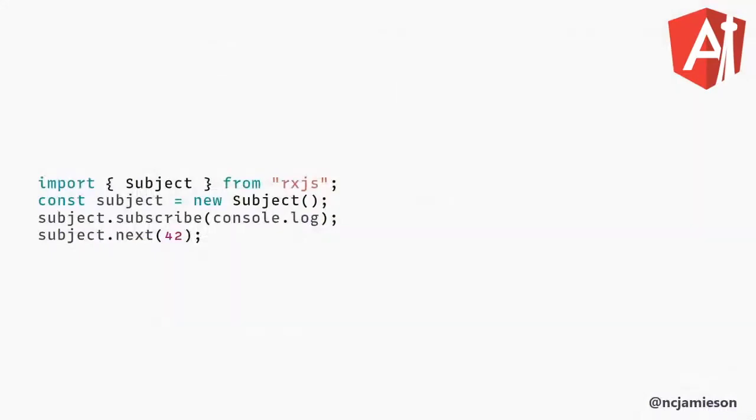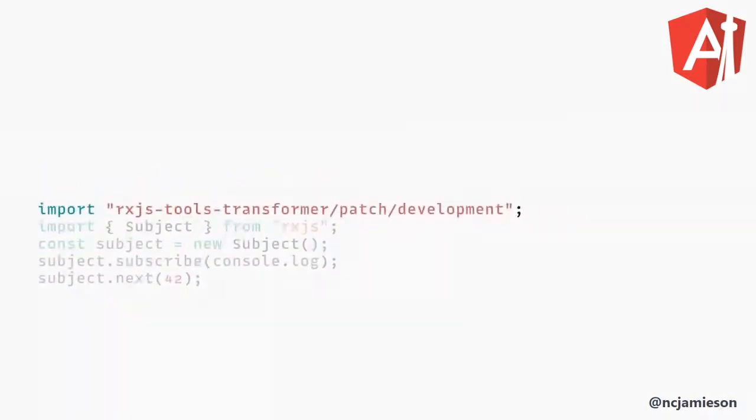So this is what would ordinarily be output from the TypeScript snippet that we had in the previous slide. What the transformer does is it adds an import, which imports a development file from RxJS tools transformer. And what that will do is it will patch your application into the tools if it hasn't already been patched.